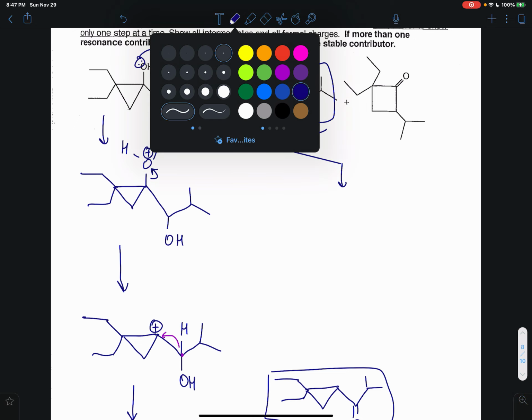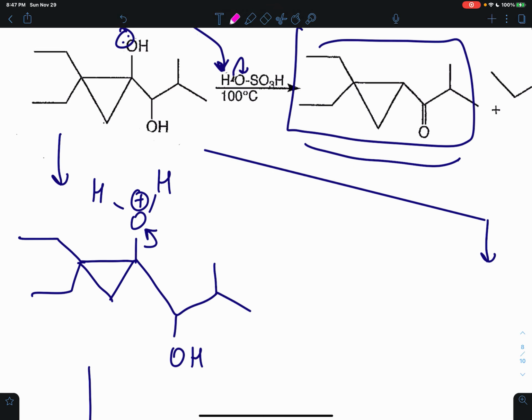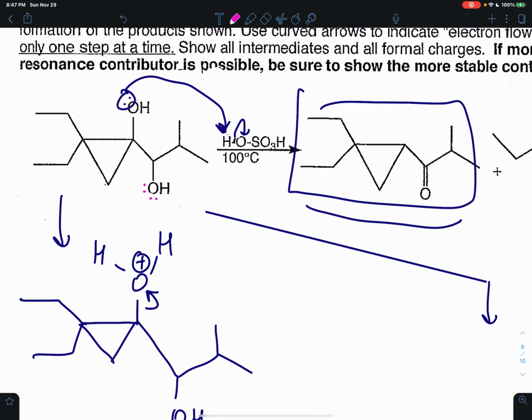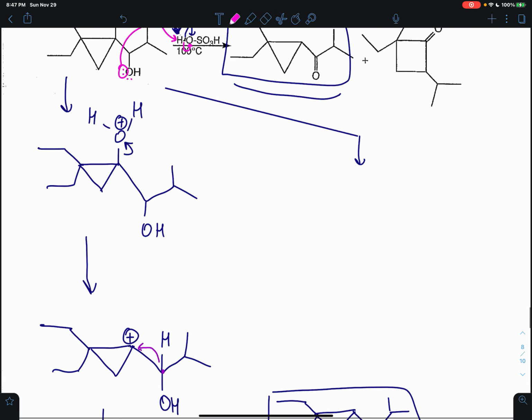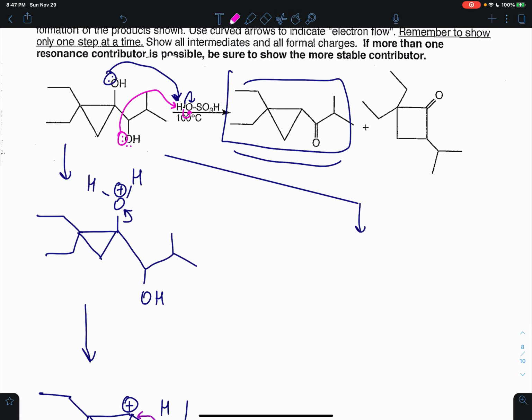Let me use a different color here. So let's use pink. This oxygen now is going to grab this hydrogen, and then this is going to kick off here, and now my structure is going to look something like that. So I'm going to keep this OH here, and then I'm going to have that, and then H2O right here with a positive charge.